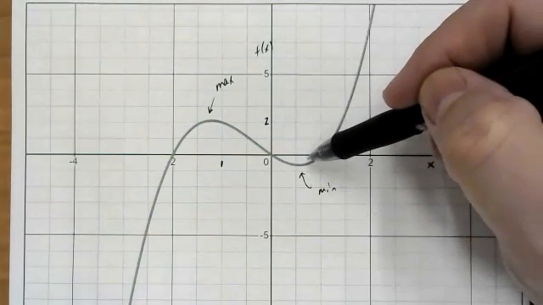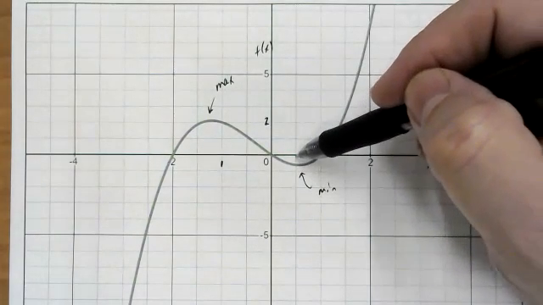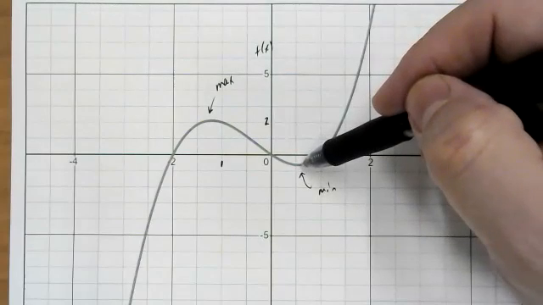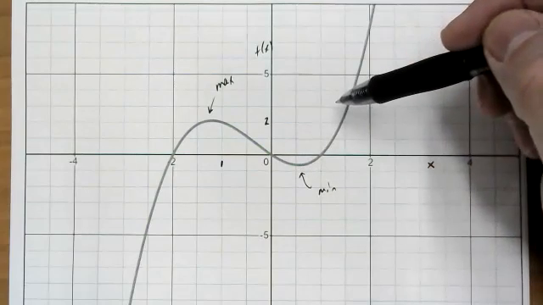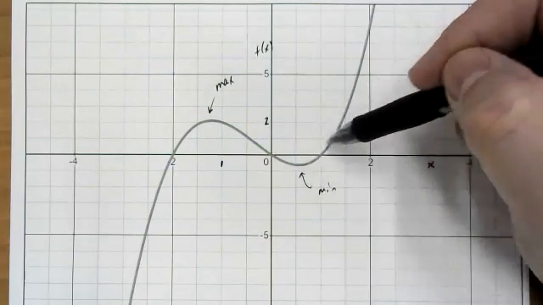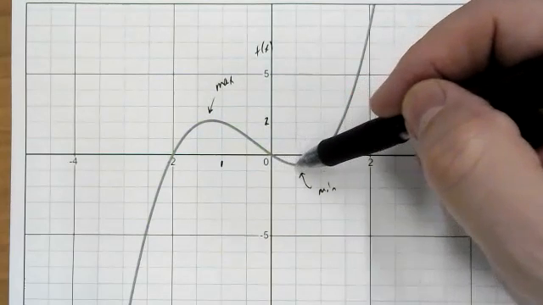And this one's even more difficult. What if there's a minimum here? What's the value of x? It looks to me like it might be right in here someplace, but we have no idea what that value of x really is. And what's the value of the function? Well, somewhere between 0 and -1.